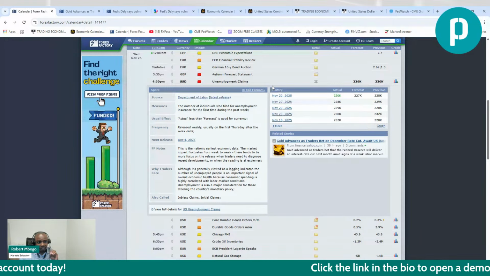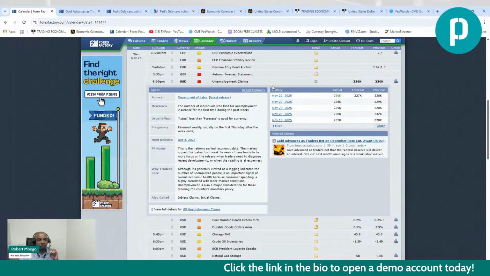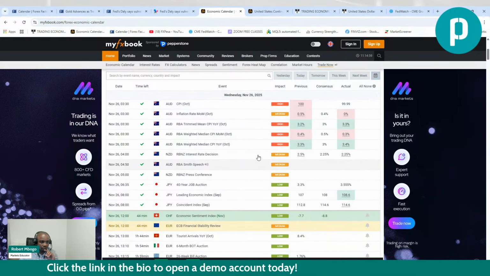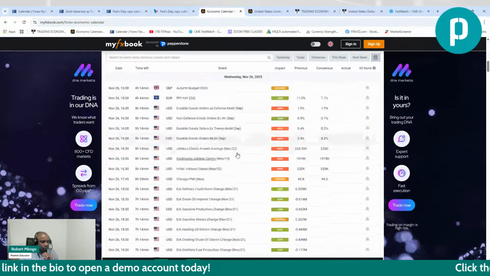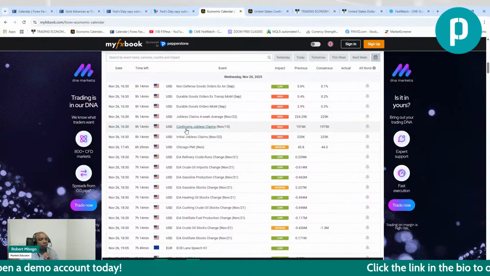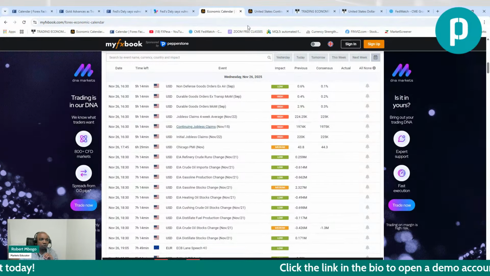Now, there's some other data that will give us a better picture also. If we go to my FX book, we have something called continuing jobless claims. What's this?